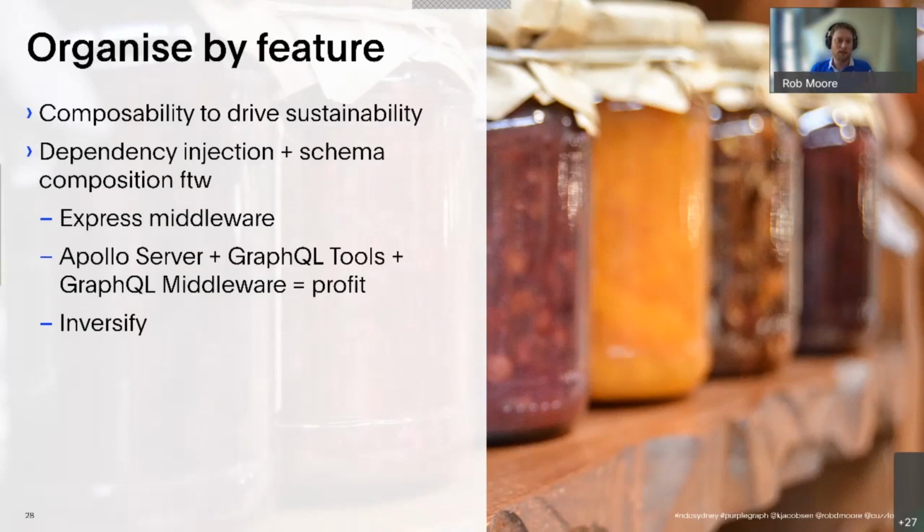The suggestion I made to Sam was that we use an organized by feature approach. Rather than having the whole schema in one place, a separate folder with all the data services and a separate folder with all the tests, could we flip that and have a folder for the people feature and a folder for the story feature, etc.?